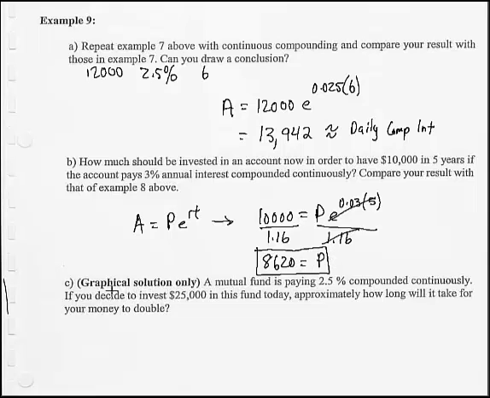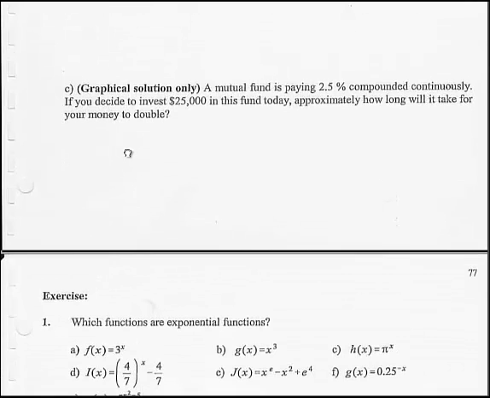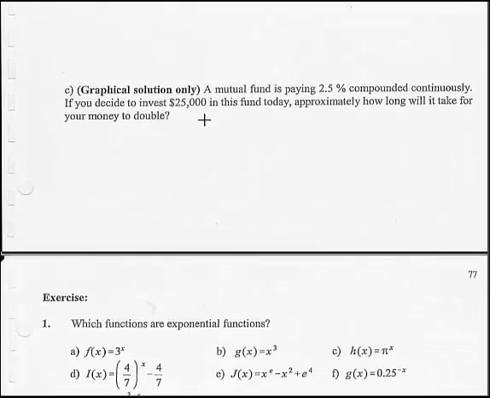C, graphical solution only. A mutual fund is paying 2.5% compounded continuously. If you decide to invest $25,000 in this fund today, approximately how long will it take for your money to double? Alright, so we have our formula, A equals P e to the RT, and it did say continuously.